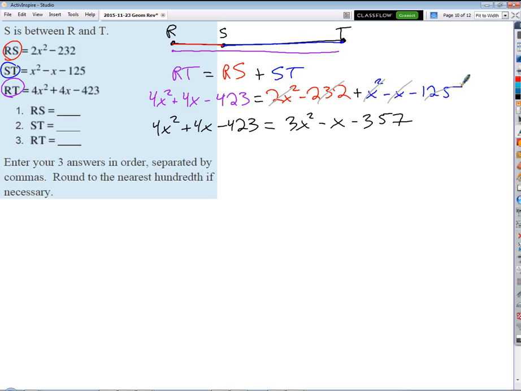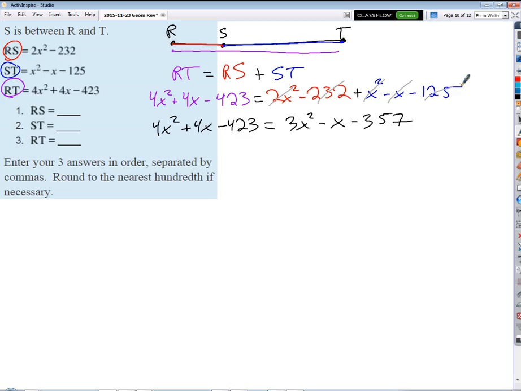Okay, good. So now here's where things get a little different than the easy problems that aren't quadratic. Remember, if we have a quadratic equation, we've got to put it into what we call standard form, which means we're going to get everything on one side, and the other side is going to be equal to 0. There is an important step here, though. We want to make sure that we have a positive number of x squareds.